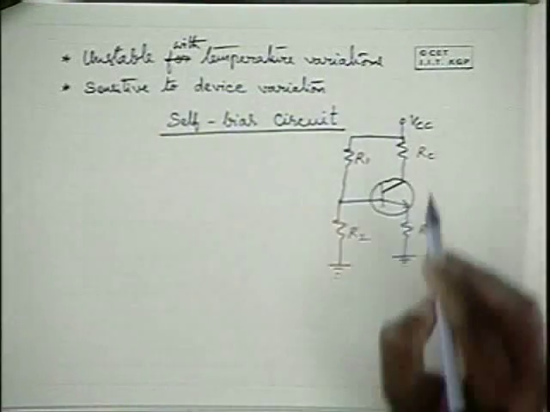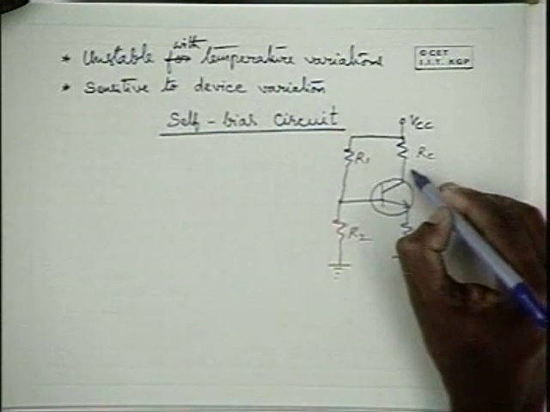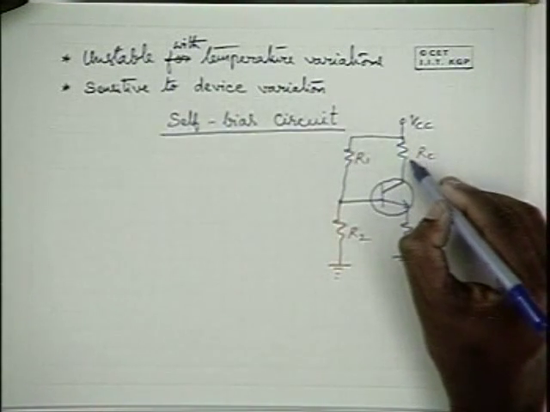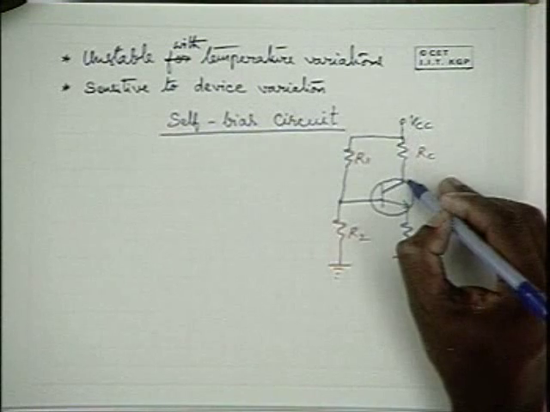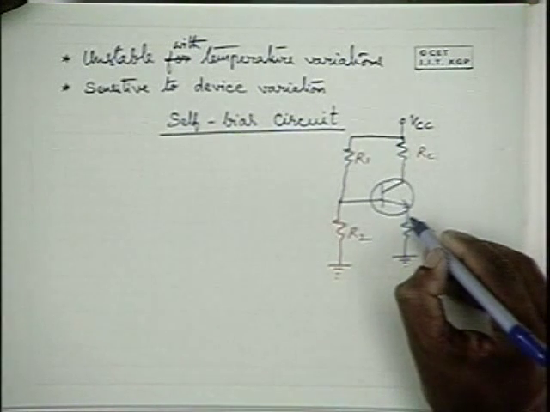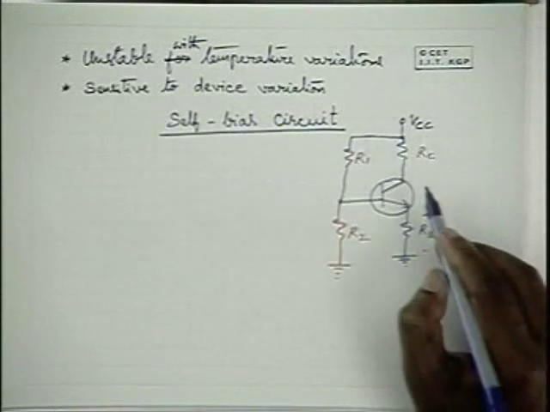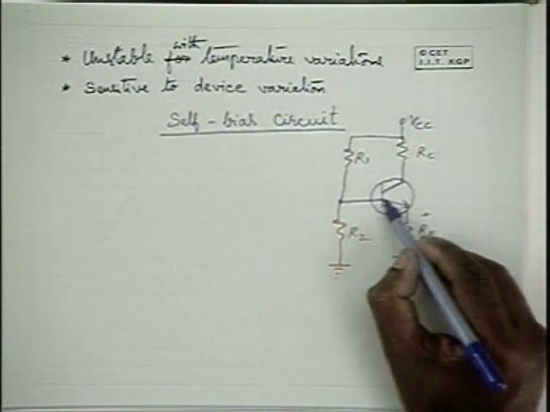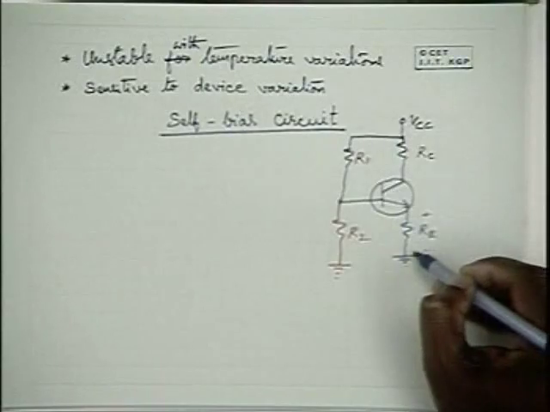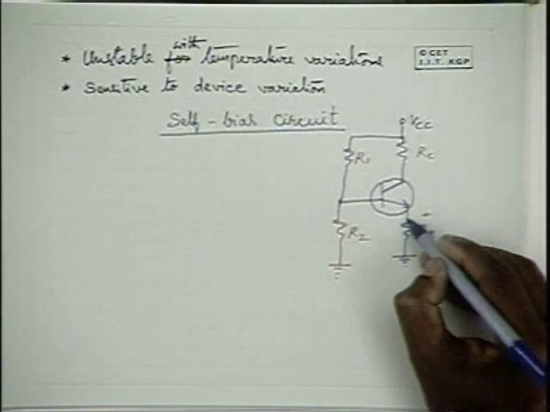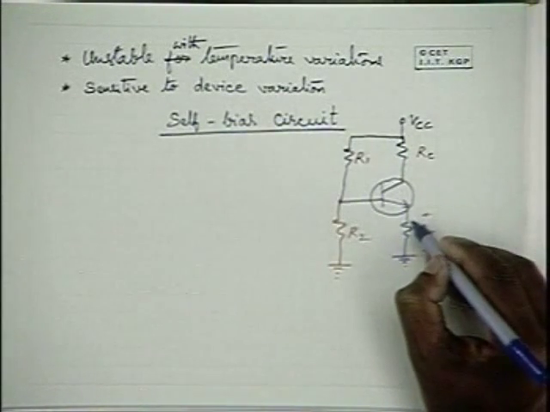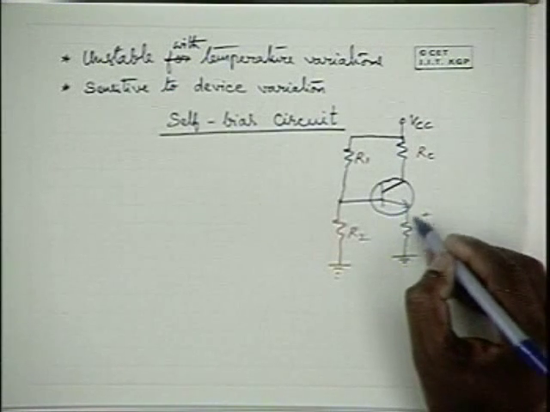Let us consider the case of temperature variations. When collector current increases, what happens to the drop across the emitter resistance? When collector current increases, even for constant base current, emitter current also increases. As a result, the voltage drop across the emitter resistance increases.